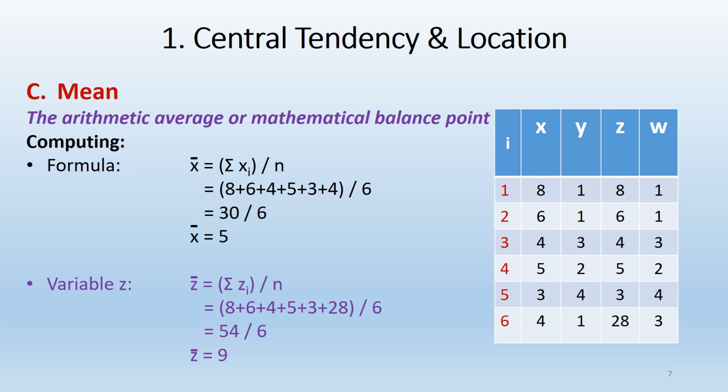Now, let's think about interpreting the value of the mean. That mean of 5, if we look at variable x and the distribution of scores from the 8 all the way down to the 3, does 5 seem like a good balance point or representation of the typical average response amongst this range of values?